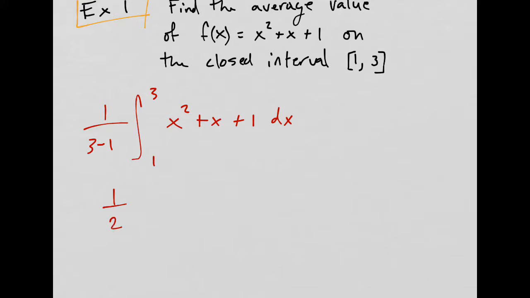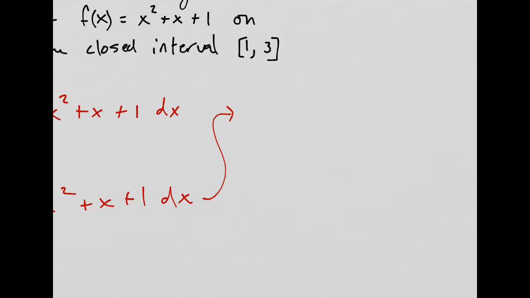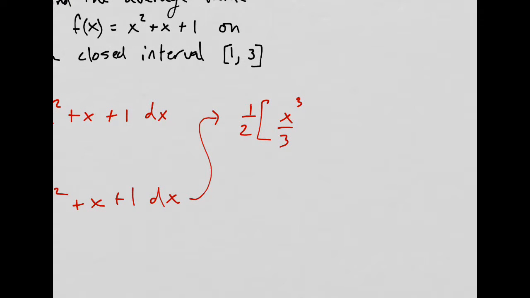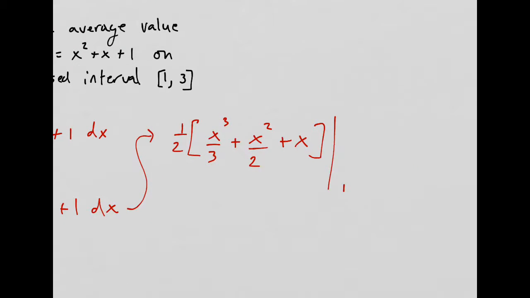This is 1/2 times the integral from 1 to 3 of x squared plus x plus 1 dx. And then I'll take the antiderivative. So this will be 1/2 times x cubed over 3, x cubed plus x squared over 2 plus x, evaluated from 1 to 3.